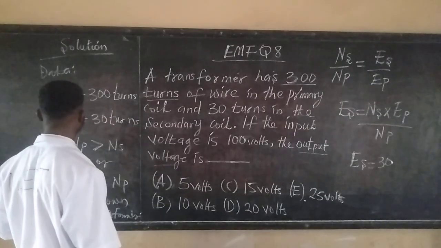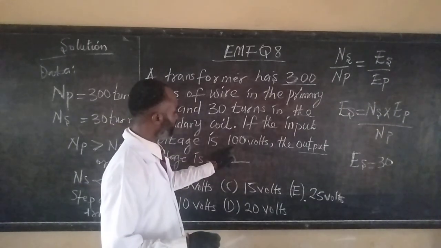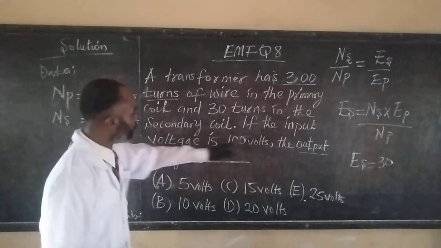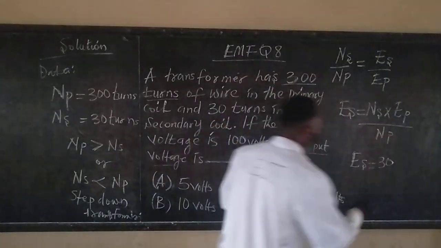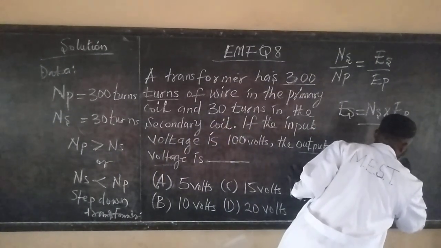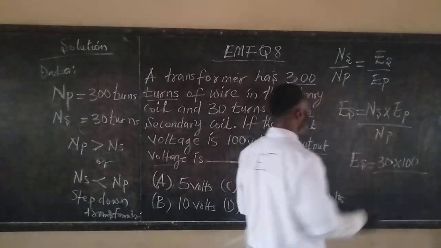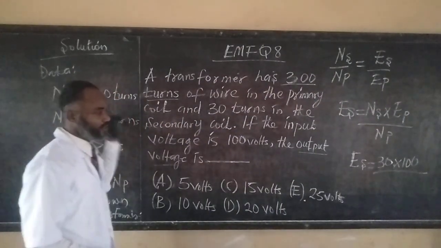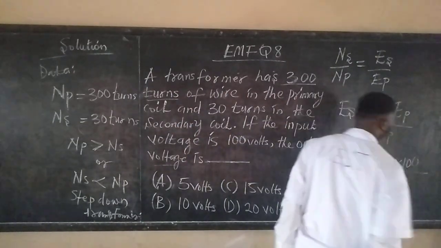Our EP is 100 volts, the input voltage. So we have times 100, all over NP. Where is our NP? Our NP is 300 turns. We put it there.